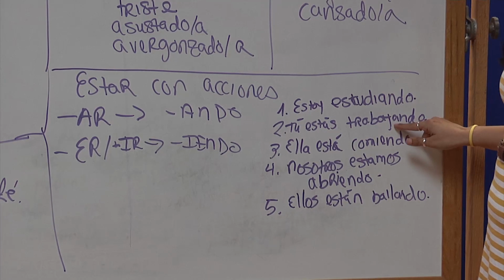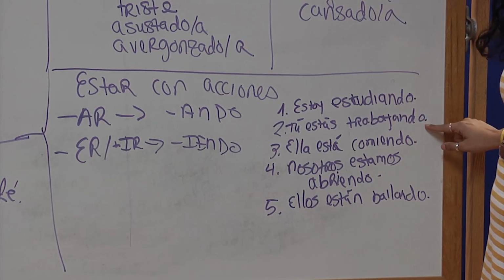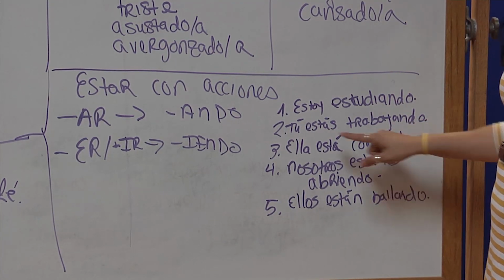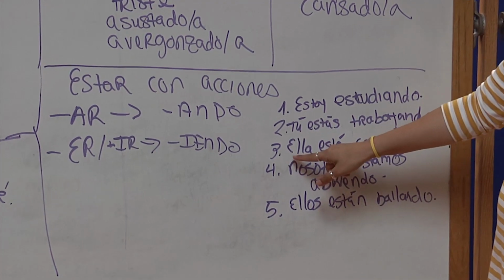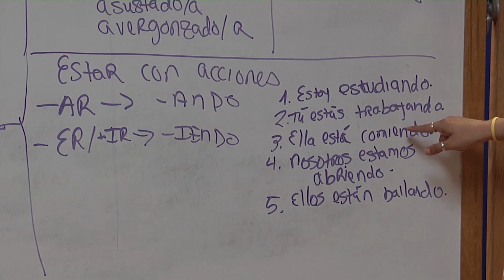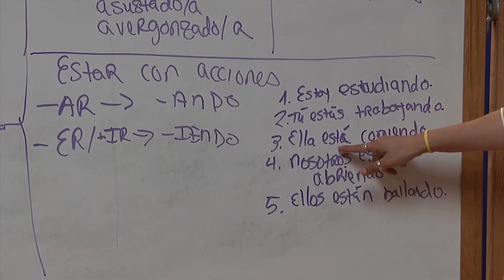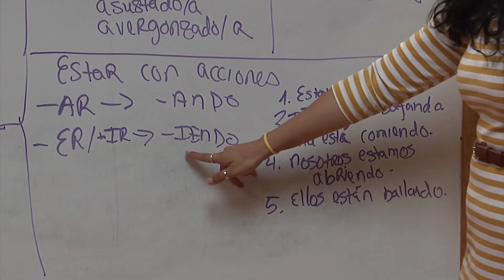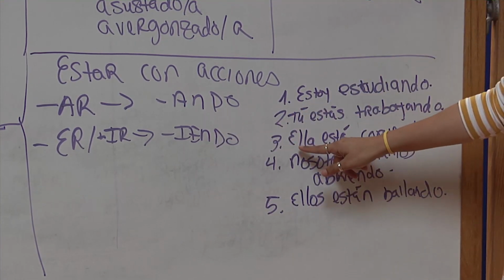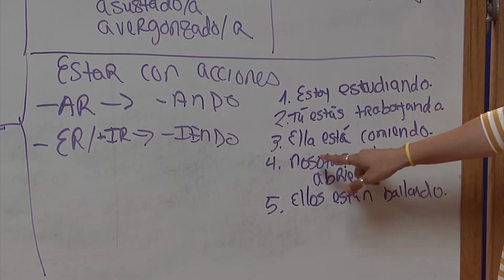I've taken off the AR and added an ando to indicate the ing, and you are. If I wanted to say, she is eating, then I need to say, ella está comiendo. I've taken off the ER and put on the iendo, and then I put she is, right?